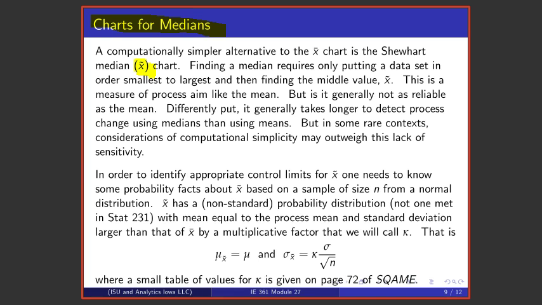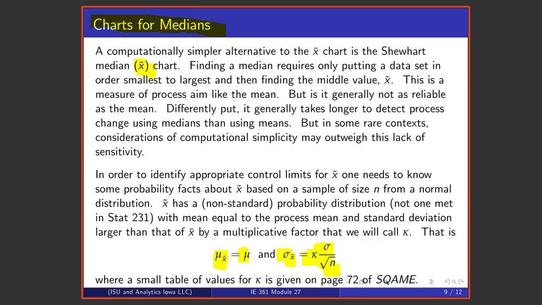Its average value is the process mean, but the standard deviation for the sample median is not simply sigma over root n, the standard deviation for X bar, but it's inflated by a factor kappa.